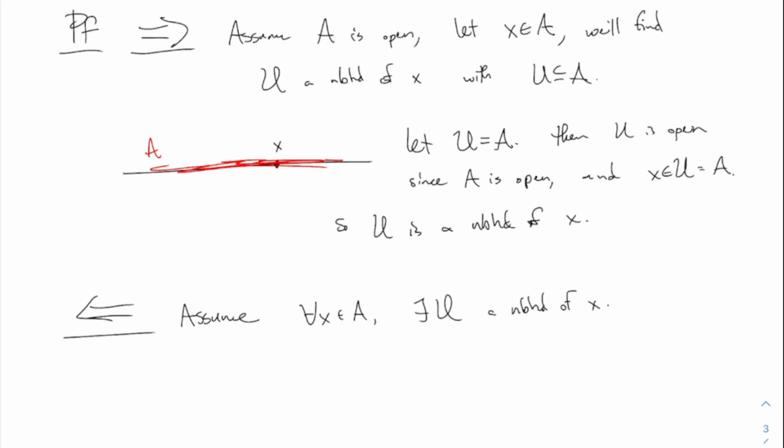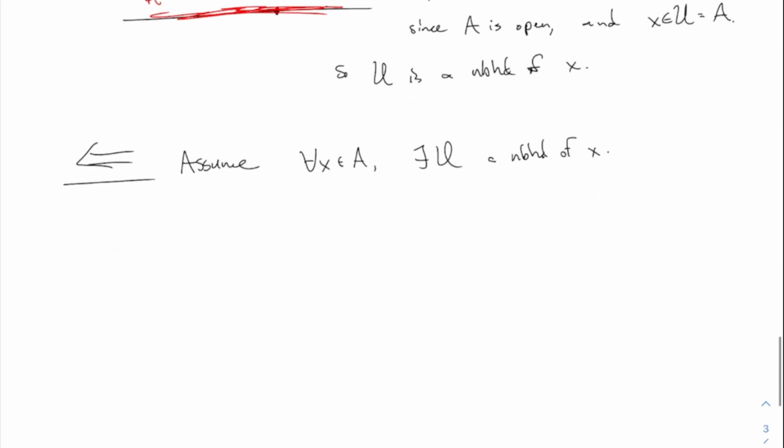So actually, this assumption is not just about a single neighborhood. I'm assuming that every point has its own neighborhood, maybe little, or they could be big. Every point has a neighborhood.